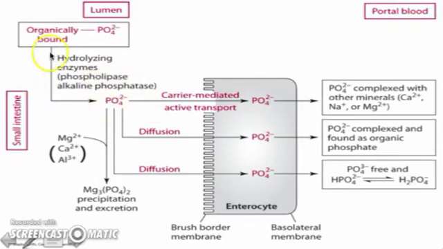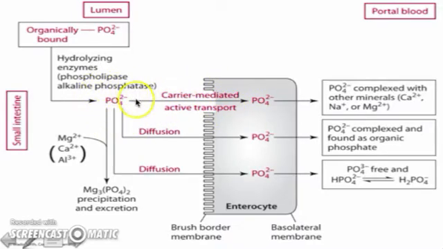After the activity of enzymes such as phospholipases, we have the freeing of the phosphate and its availability in the inorganic form. There are different fates now of this inorganic phosphate. Primarily it will be absorbed through this concentration-dependent diffusion process. It can also be absorbed through the carrier-mediated mode, which is an active transport process.